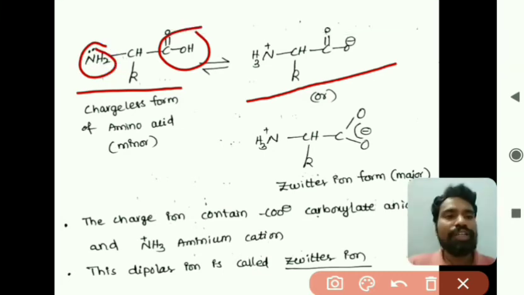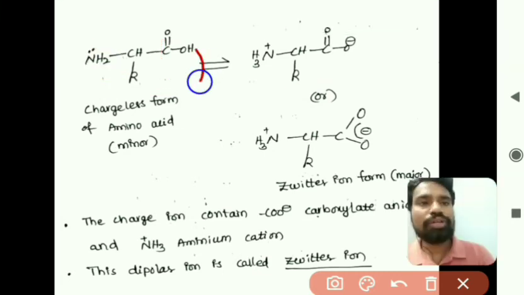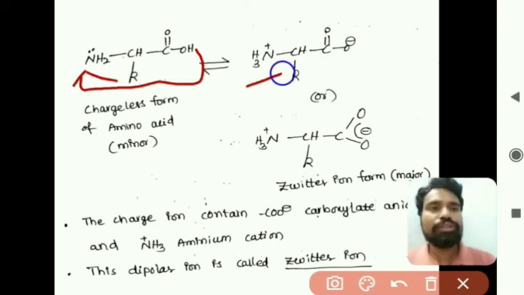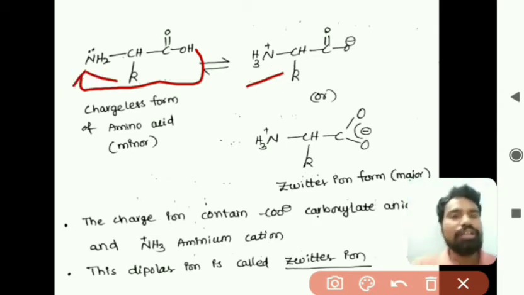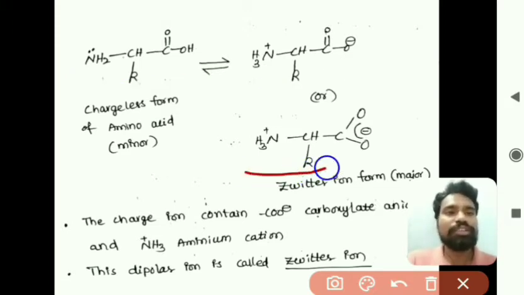In this, there is a proton transfer from COOH to the NH2, so it forms NH3 plus because it has accepted one proton, and nitrogen gets a positive charge. As the COOH group has given one proton, automatically it gets a negative charge. So it is like this.